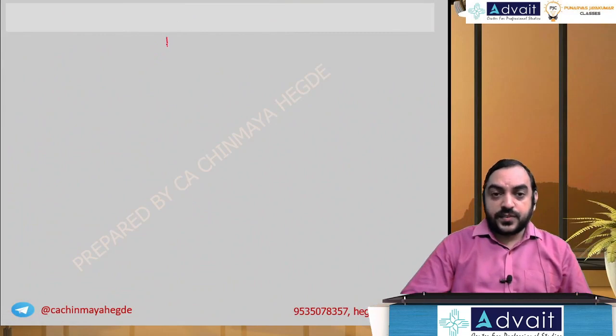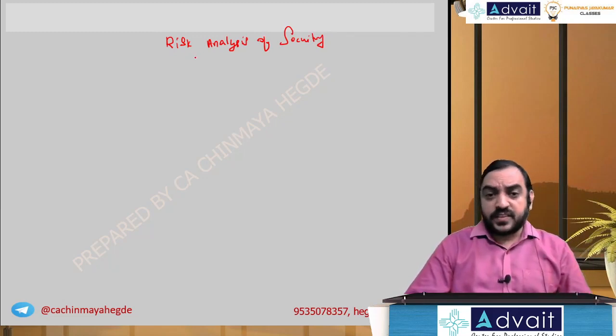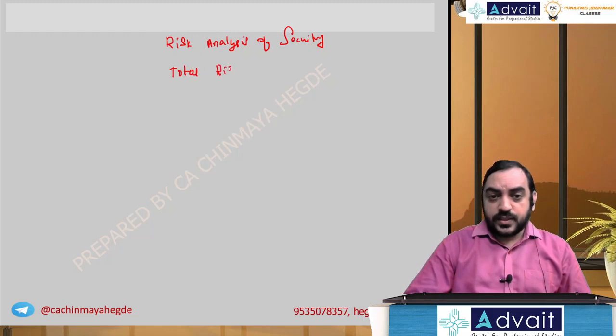Risk analysis of security. More than formula, I give you the chart method, like the way we discussed. So for risk analysis, we are going to write the total risk of a security.